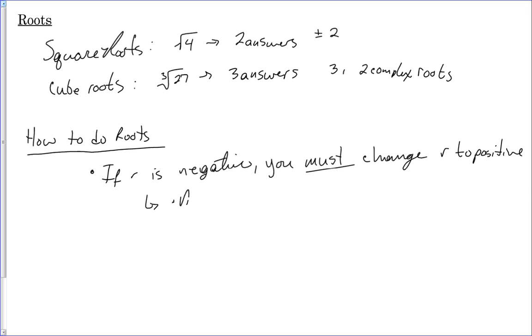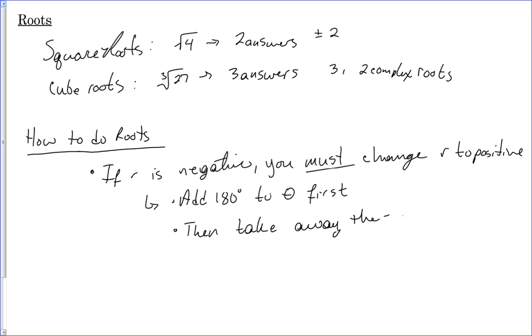You add 180 degrees to your angle first. Then you take away the negative on r. So the first thing you want to do if r is negative is add 180 degrees, and then you want to take away the negative on r. That way you have a positive radius, because you want a positive radius.